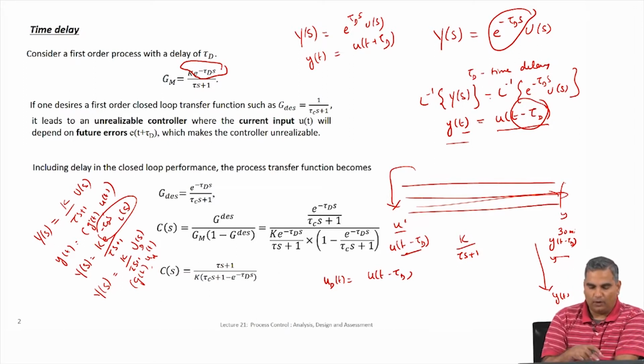If you want to quickly understand whether this creates any problems in terms of inversion, you can see that it really does not, as long as the time delay term is in the numerator. This is because of the following.